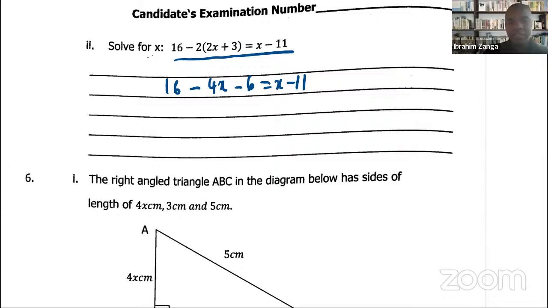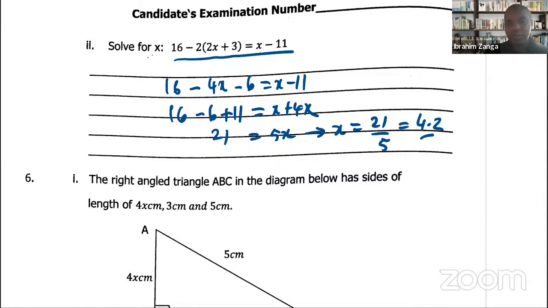Collect like terms, so you have 16 minus 6 plus 11 equals x plus 4x. 16 minus 6, you get 10. 10 plus 11, you get 21 equals 5x. So x will be 21 over 5. You get 4.2, dear students.